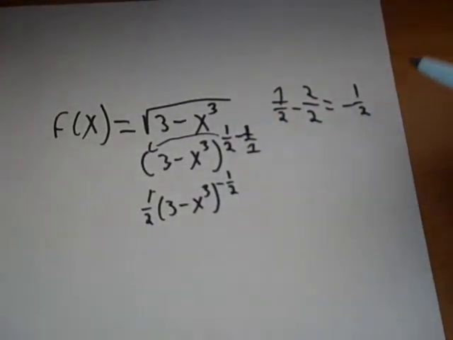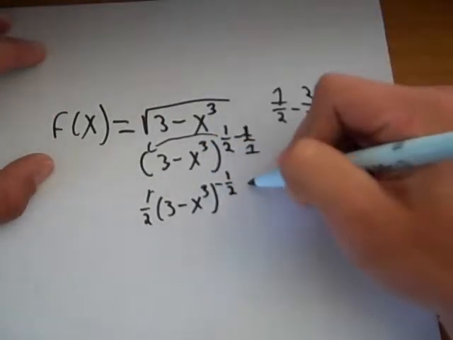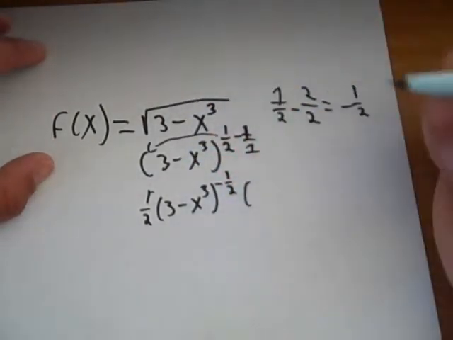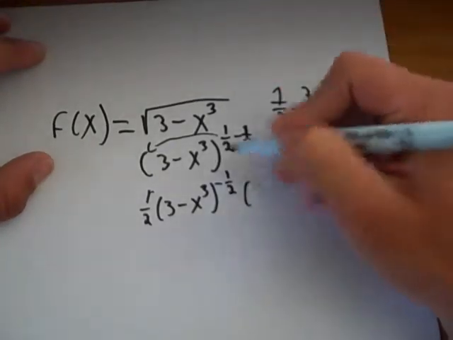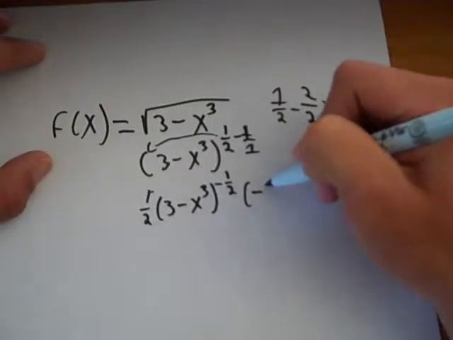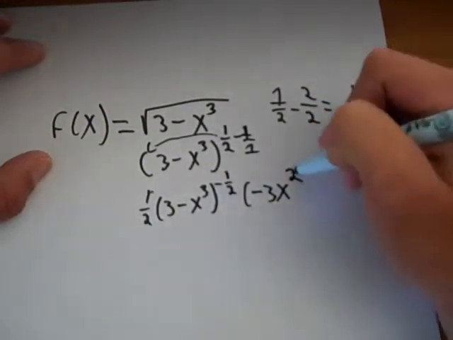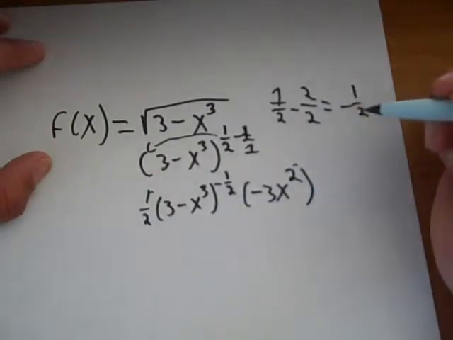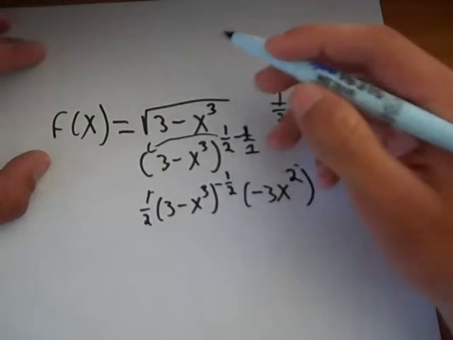And then the second part of the chain rule is doing the derivative of the inside. 3 is a number, so it doesn't have a derivative. So you just take the derivative of that, and that is 3x squared. Close the parentheses. And all you have to do now is bring this to the bottom so it becomes positive.